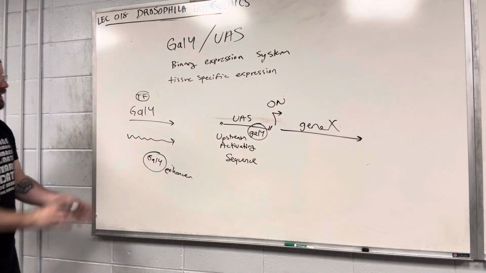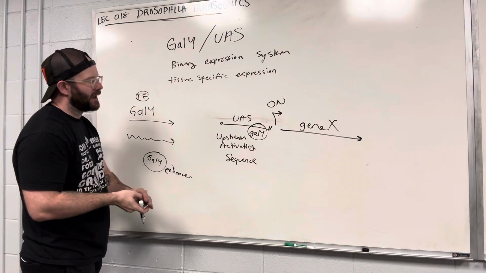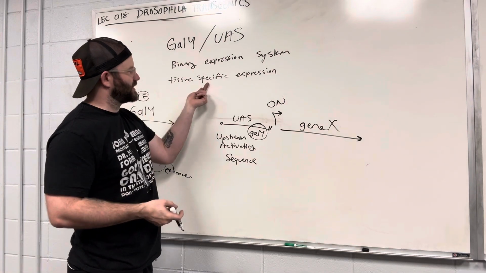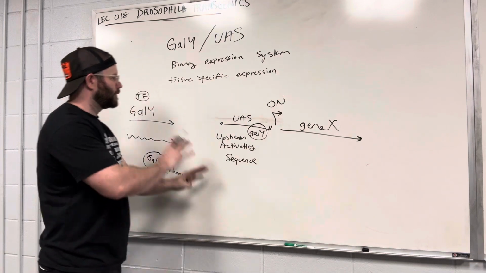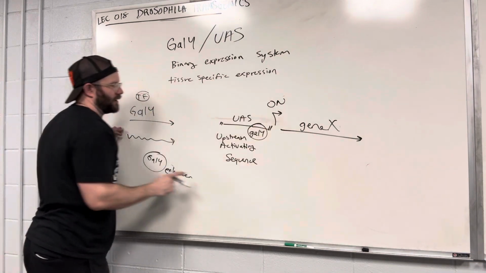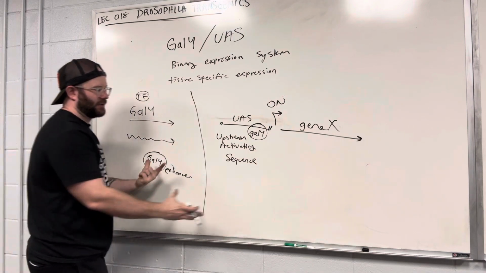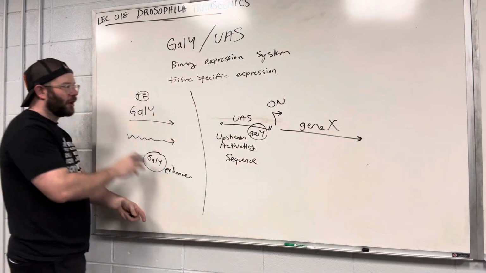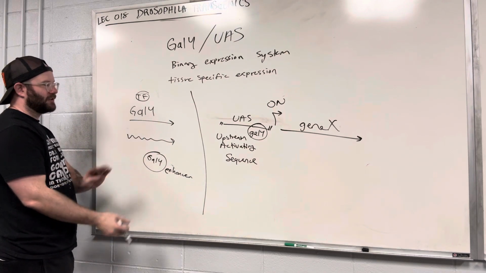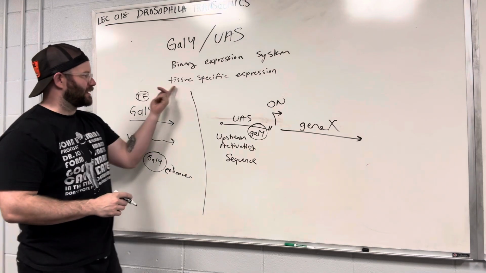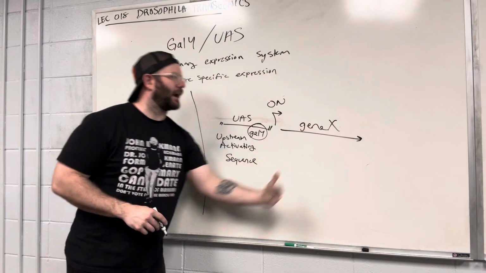So what we can do in Drosophila is if you want to get tissue-specific expression of gene X, which part of this double system, so these are actually two separate transgene insertions, which part of this transgenic system that I have not drawn yet do you need to modify to get tissue-specific expression of gene X?